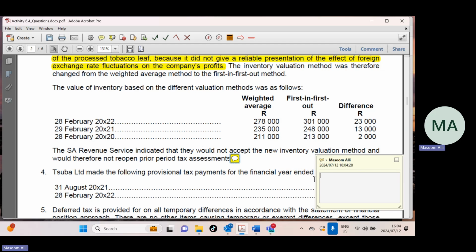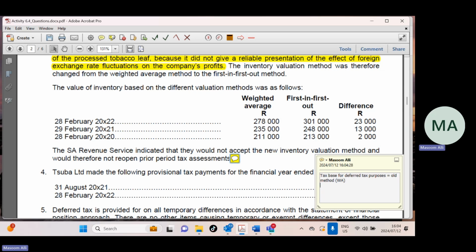Because what this means is that, number one, as far as SARS is concerned, the tax base for deferred tax purposes is equal to the old method, which is the weighted average method.